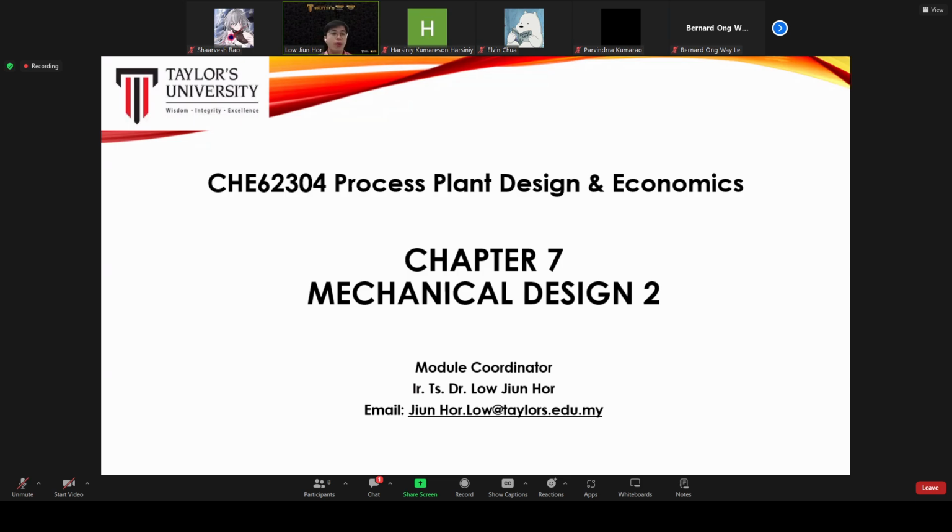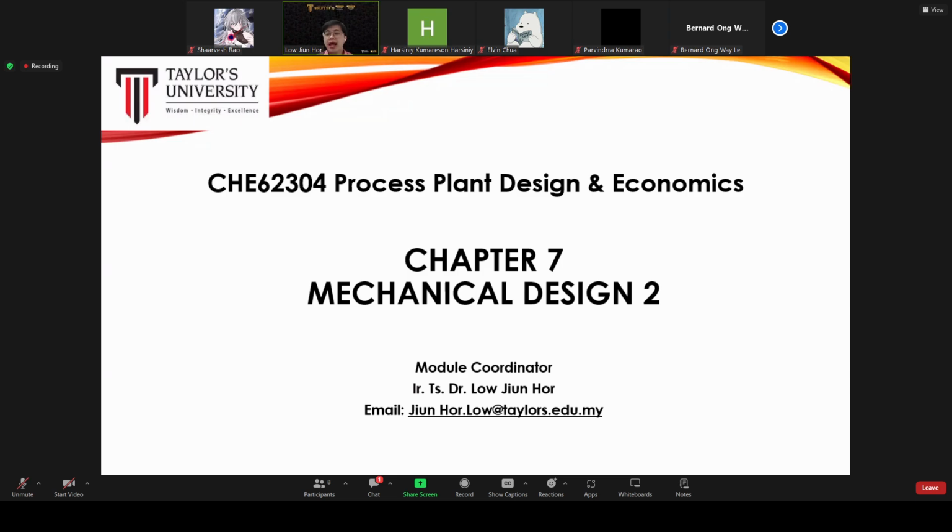If you want to operate the process in the pressure vessel at a pressure higher than atmospheric pressure, you need to make sure the thickness of the shell is thick enough to support the operating pressure without rupture. Last week, we also learned how to select the suitable closure and head to cover our pressure vessel.